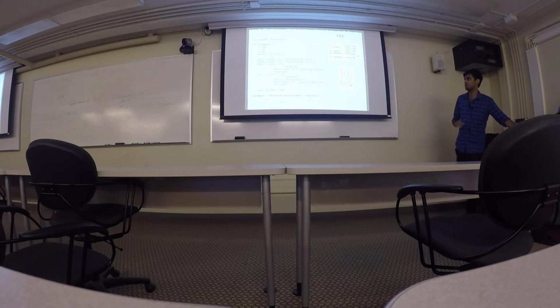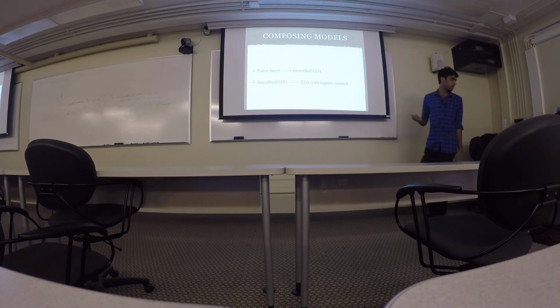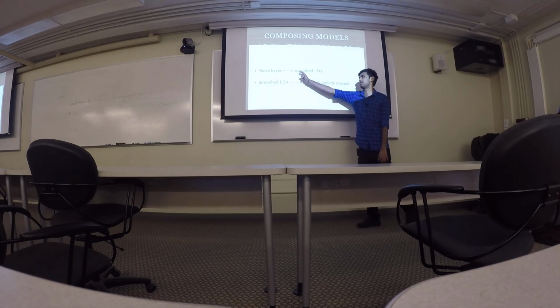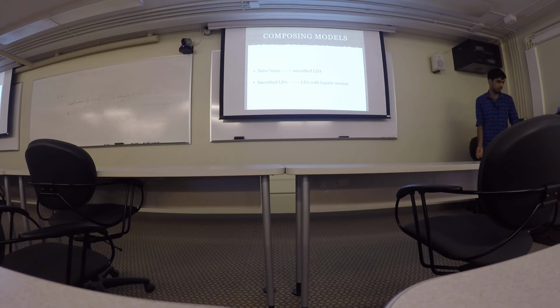That allows us to use each of these models interchangeably in whatever inference technique we might want to use. And I haven't shown this today, but you can imagine going from LDA to LDA logistic normal is similarly small.